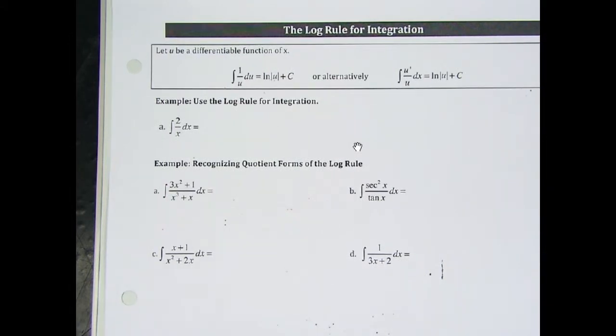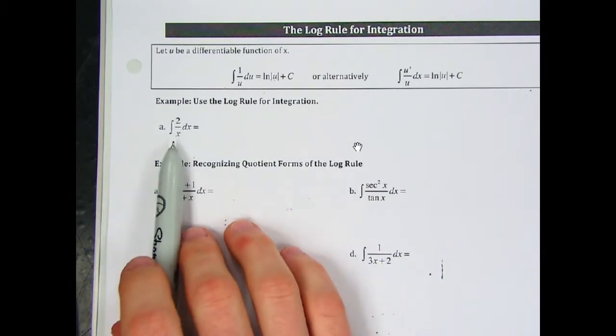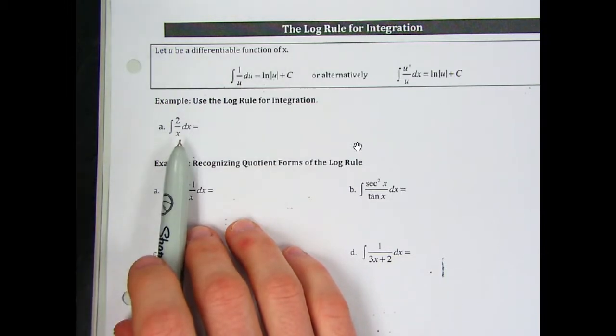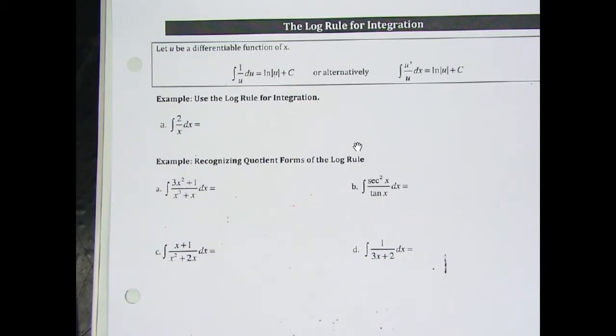Okay, so notice this one we can't use the power rule, right? Because it's x to the negative 1, and so it wouldn't work. So we would have had to, last chapter, use the Simpson's rule to be able to find this. And that's annoying. This is going to be much faster, right? It's just more methods.